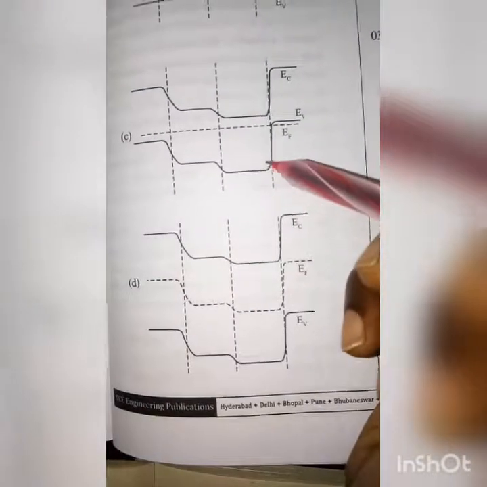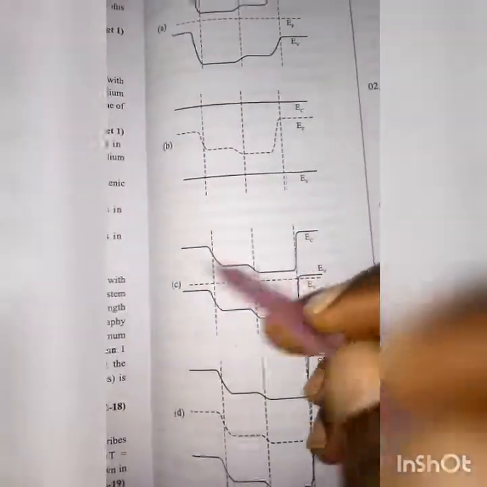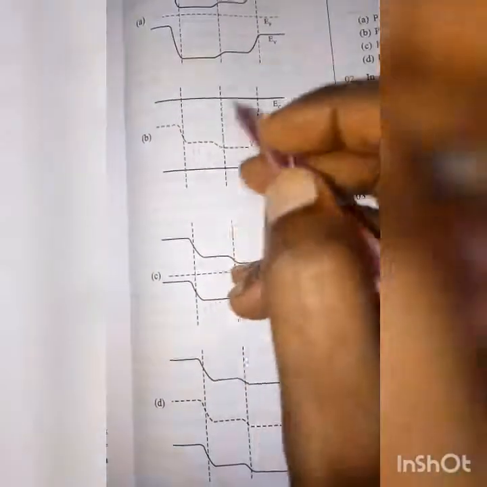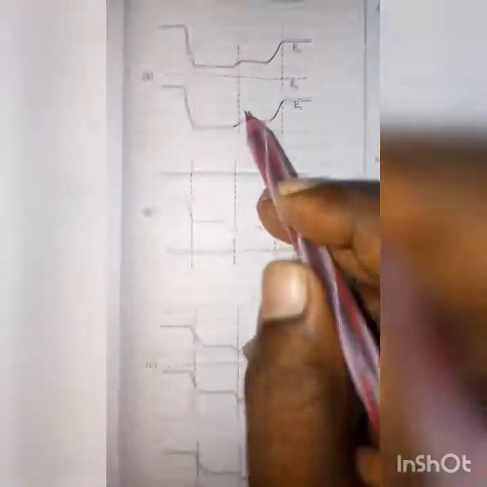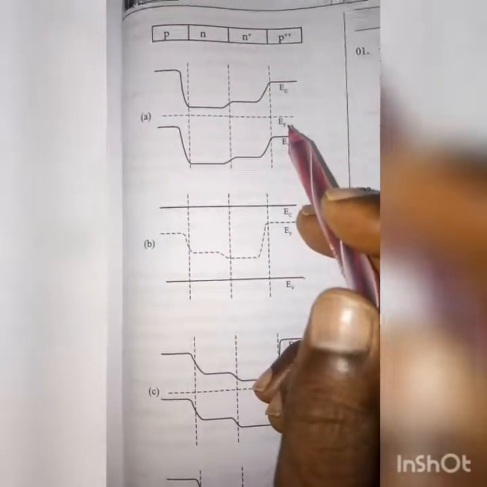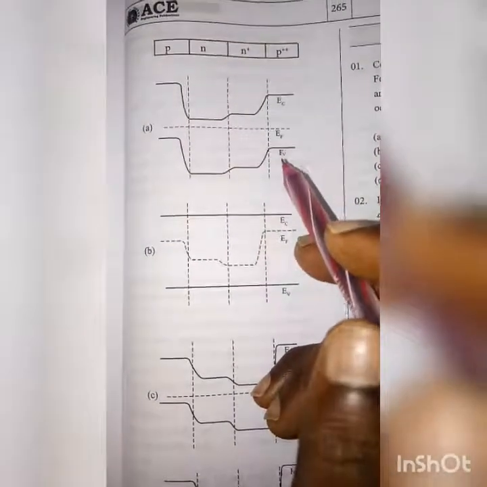He asked which one is correct. You know the answer. Very important question. At 300 Kelvin he gave, that means at room temperature, what is the behavior of the conduction energy level, Fermi energy level, and similarly the valence energy level.